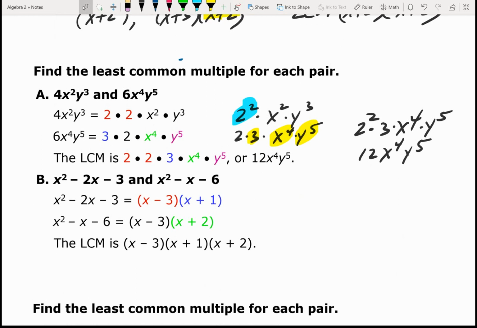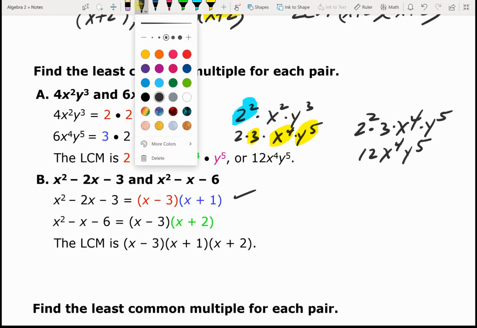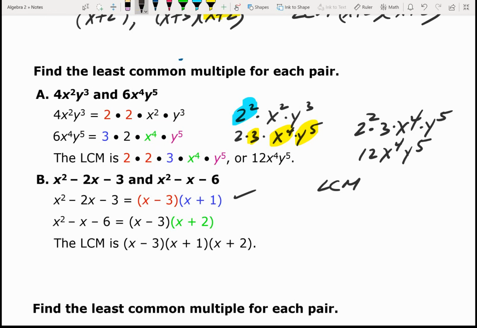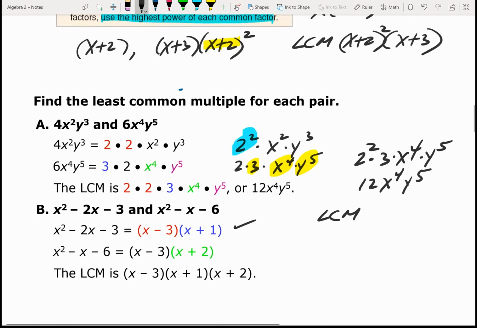Let's look at example B, x squared minus 2x minus 3, and x squared minus x minus 6. So when I factor x squared minus 2x minus 3, I get x minus 3 times x plus 1. And when you factor x squared minus x minus 6, you get x minus 3 times x plus 2. So my least common multiple has to have each factor with the highest power.